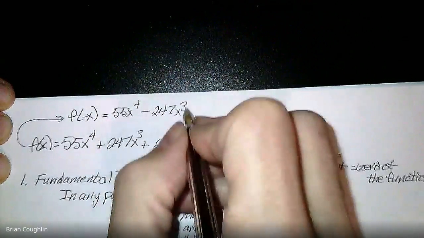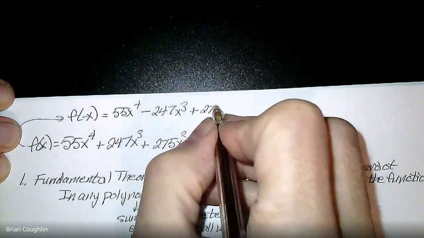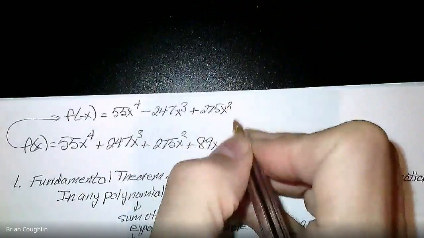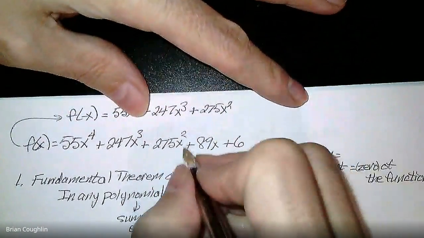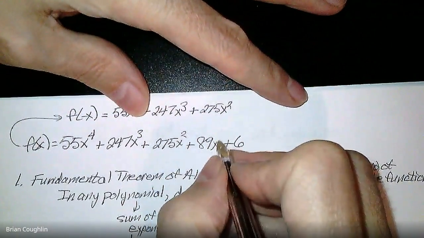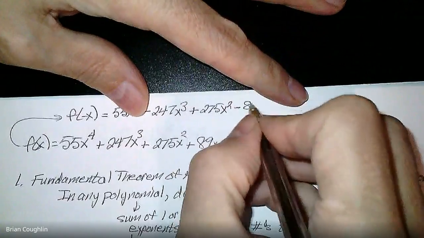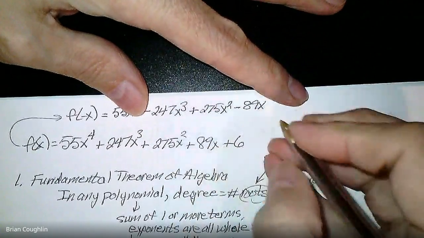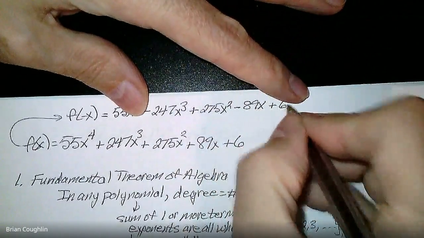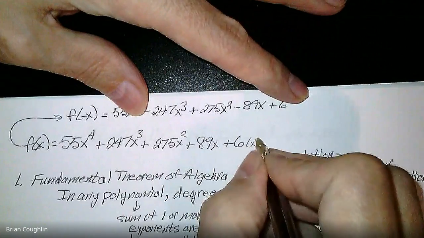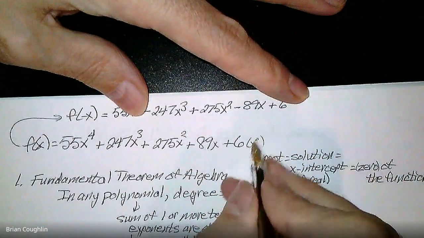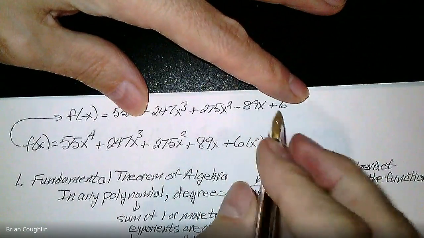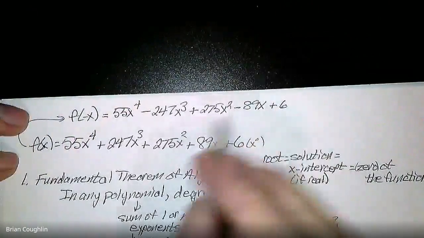This is an even-powered one, so you keep it positive. 275x squared. Sorry, this thing is wobbling around. This is an odd-powered. It's power of 1, so it's going to be minus 89x. And then this is an even-powered. It's x to the 0. So they consider that an even-powered exponent. So don't switch that sign. So this is f of negative x.